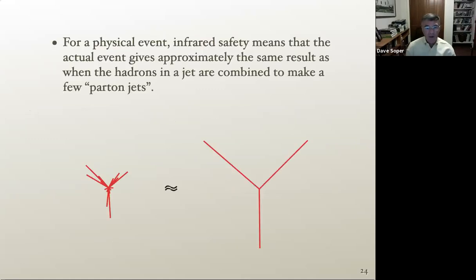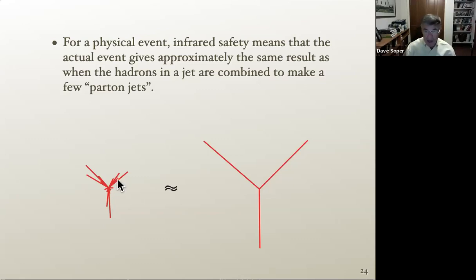Okay, so what does that mean? It means in a physical event, the actual event gives approximately the same result as if the hadrons in a jet are combined to make a few parton jets. So imagine over here on the left, those are all partons, but this parton and that parton are almost collinear, so it's as if you combine them to make one parton. Now that little jet has only 3 partons, and combine the next closest ones.